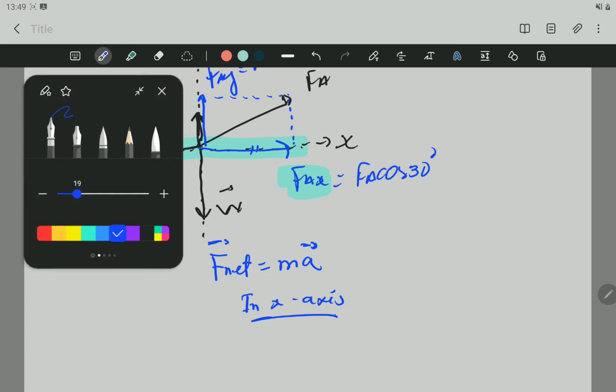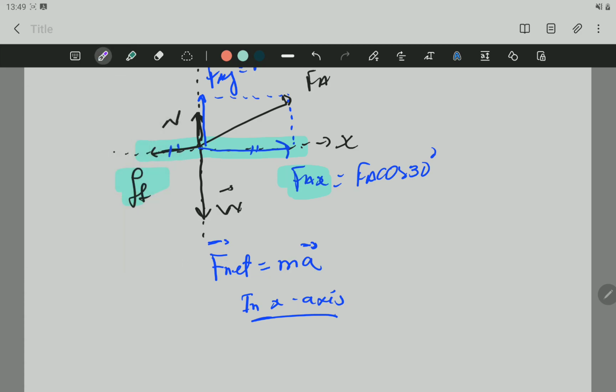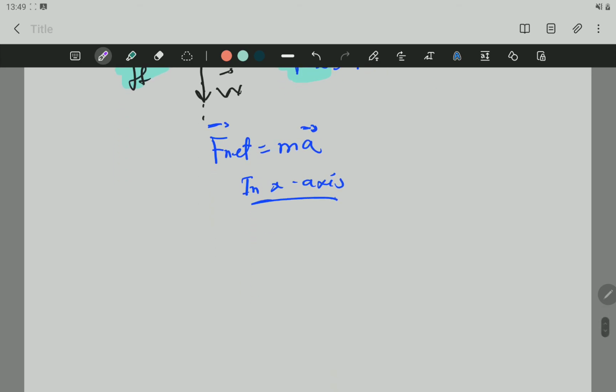So if you substitute there, you have that applied force in x minus frictional force is equal to mass multiplied by acceleration. Note the following. The frictional force will stay the same even though the object now accelerates.